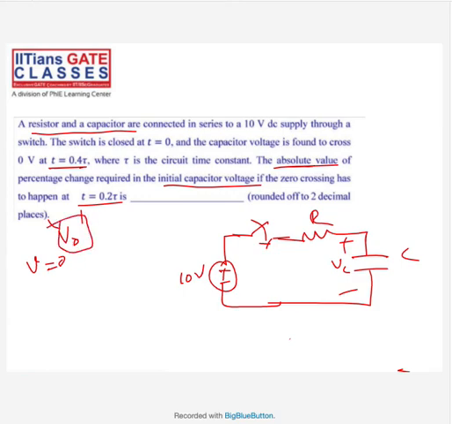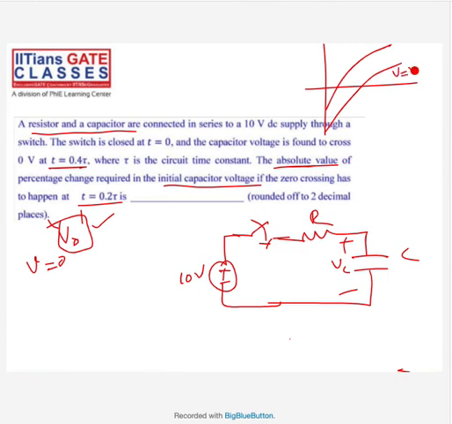The absolute value of percentage change required in initial capacitor voltage V naught, if this has to happen at t equal to 0.2 tau, your V is 0. So graphically, if you see, this is your voltage.